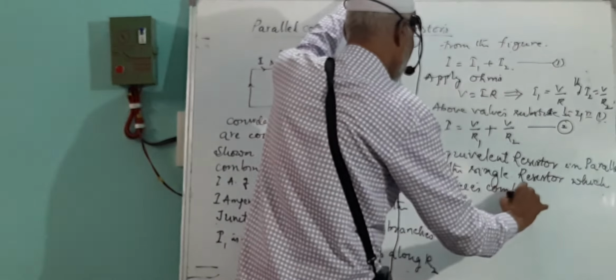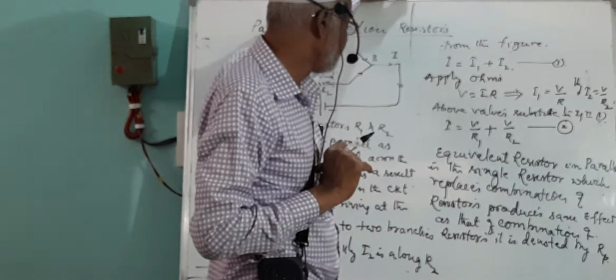It is denoted by the symbol Rp. In order to differentiate between Rs and Rp, Rs represents the equivalent resistance in series combination, whereas Rp represents the equivalent resistance in parallel combination of resistors.